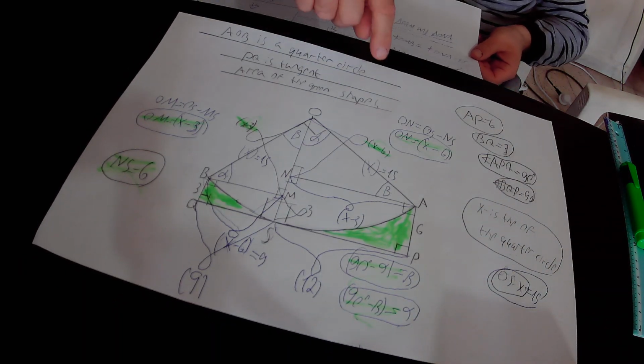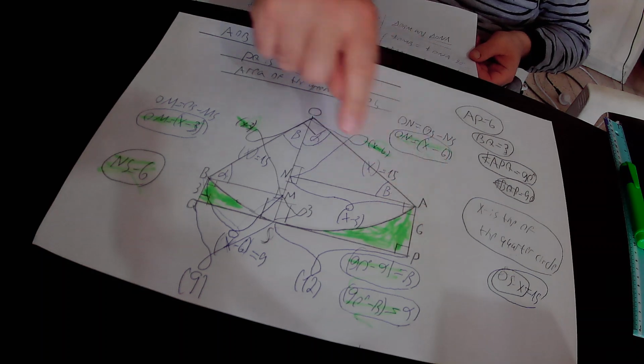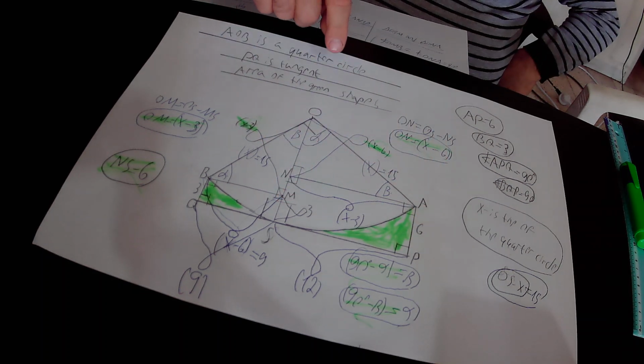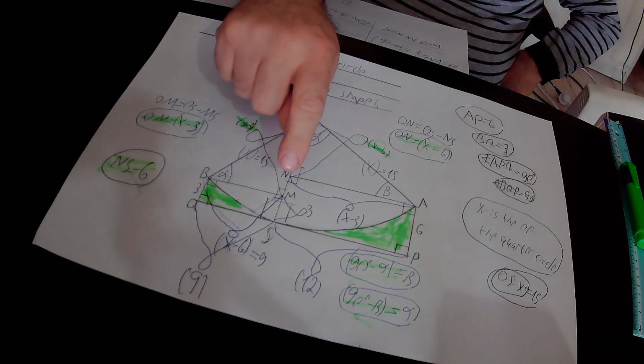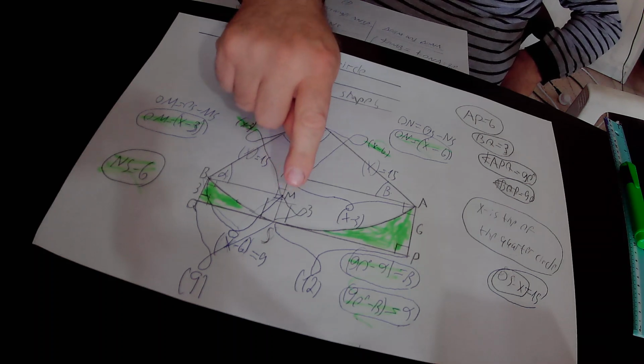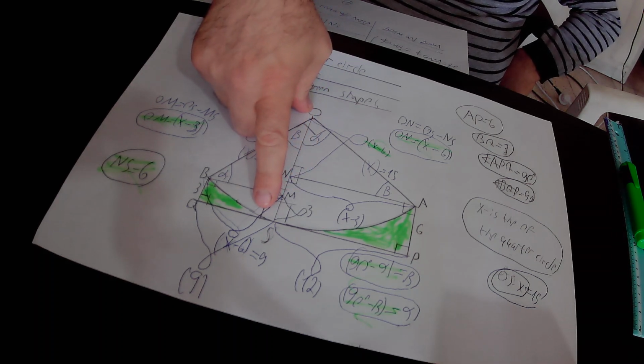So AP is parallel to NS. So actually, NS is part of the straight line OS. Again, NS is part of the straight line OS.